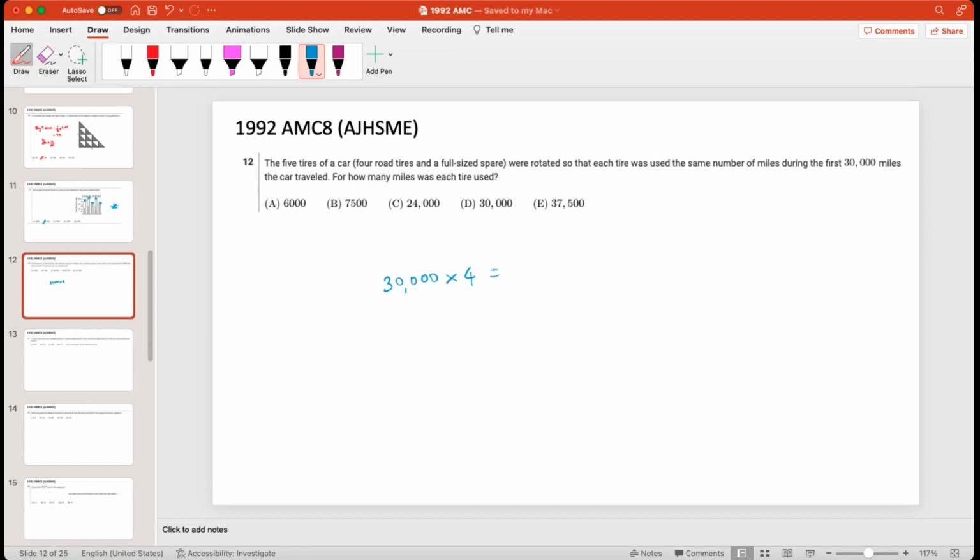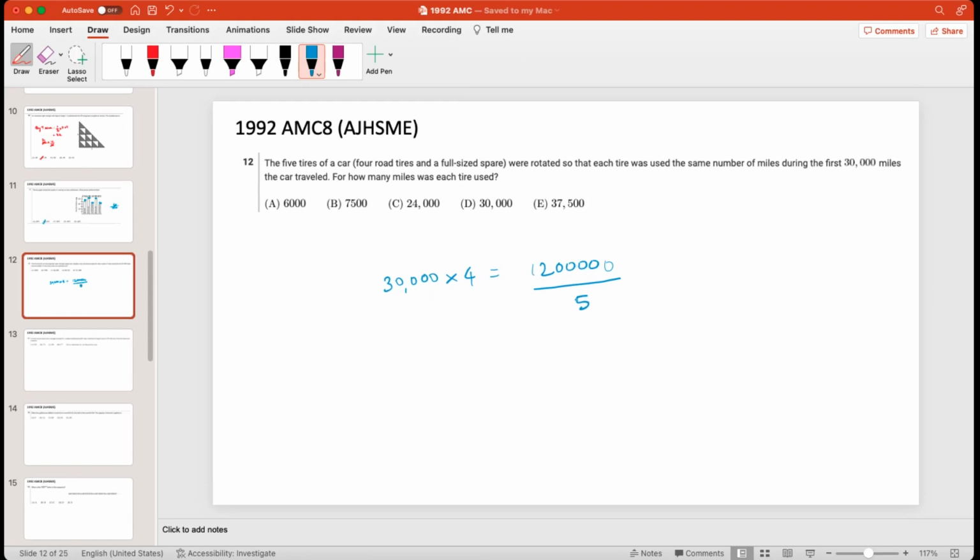So I'm going to multiply 30,000 by 4 to get 1,20,000, which is the total rotations done. Now this I will divide by 5 because equally, so this 1,20,000 is split equally between 5, right?